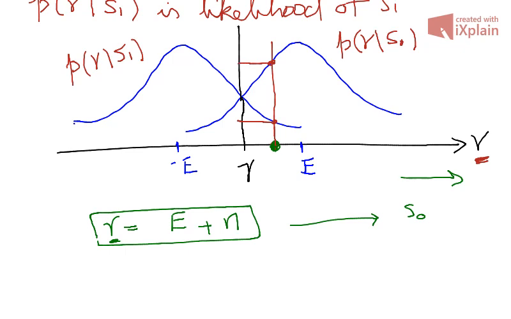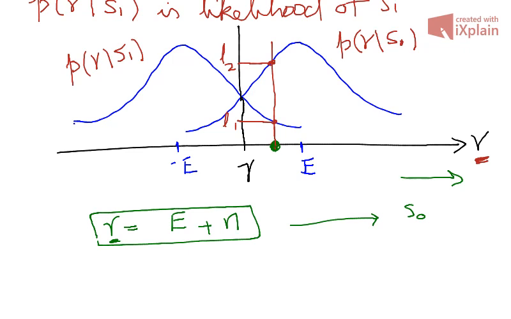Suppose this point is L1 and this point is L2. Now you can clearly see that the sample value which we observe belongs to, we don't know actually.